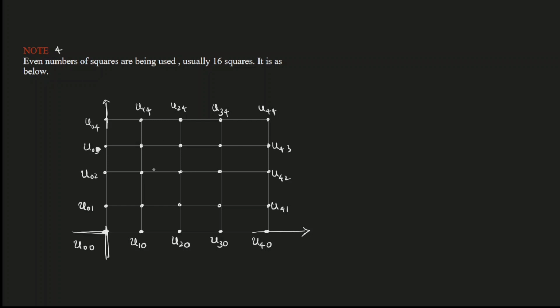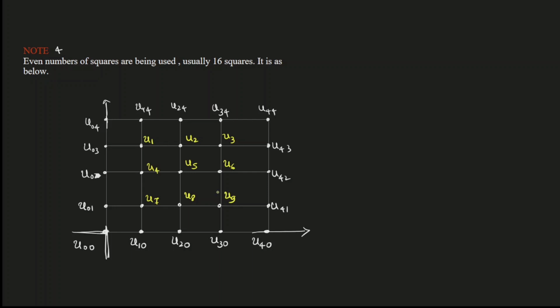Now the center values of the grid are u1, u2, u3, u4, u5, u6, u7, u8, u9.